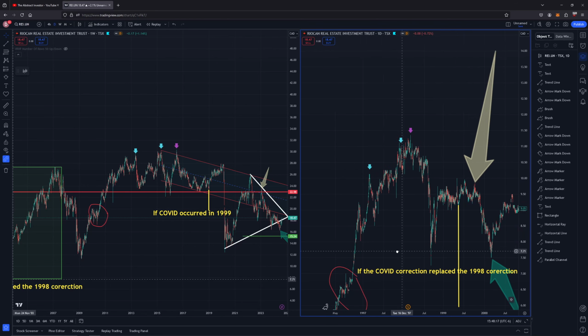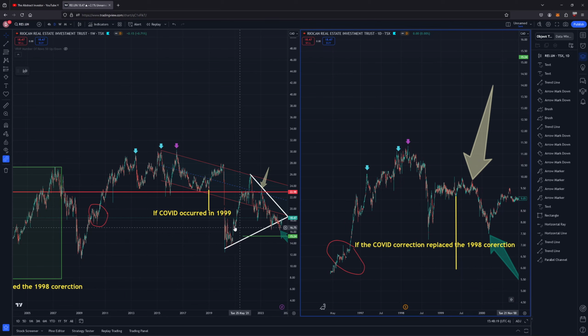It looks a lot like the shape that we got from the COVID decline in March and April of 2020 on the newer chart, but it happened earlier in the late 90s. That correction did, and you can see I've drawn these yellow lines to show.